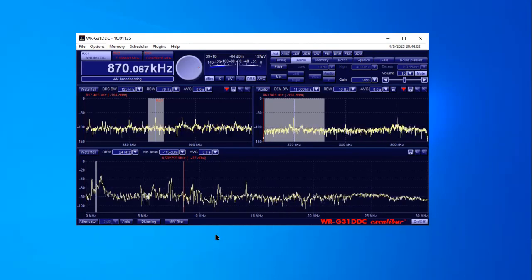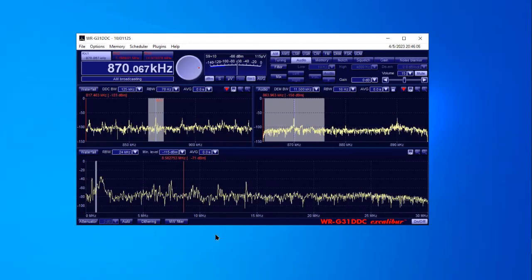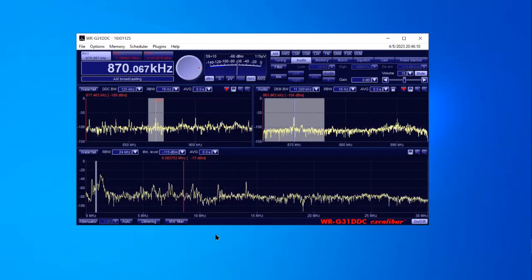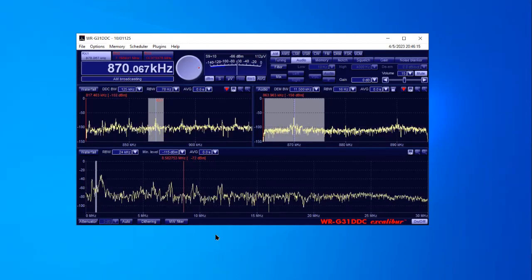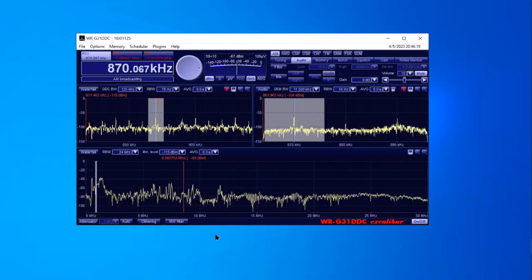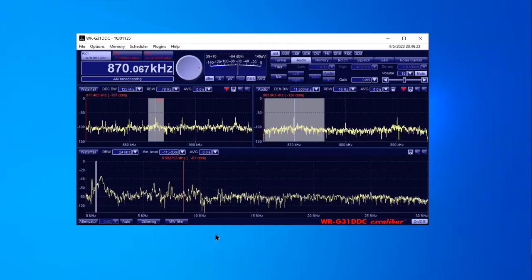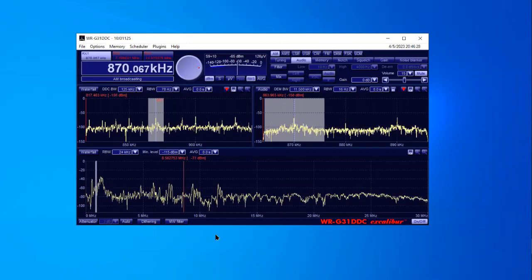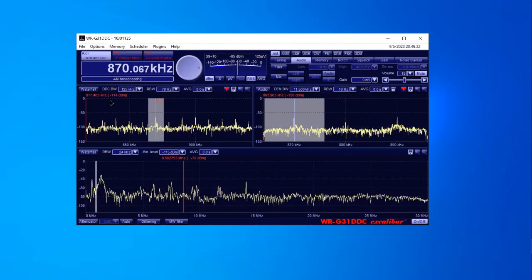Well, and I'll muddy the water a little bit in that single sideband is phone. The digital modes that we talked about using a computer sound card generate, they turn the zeros and the ones into tones that can be transmitted. Those tones are phone, and they're transmitted single sideband.